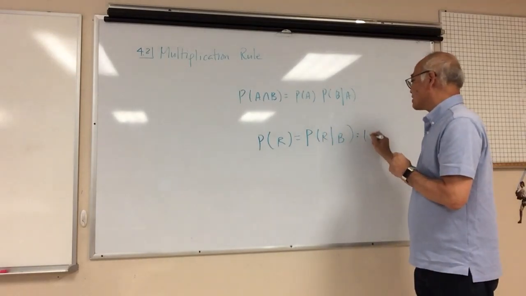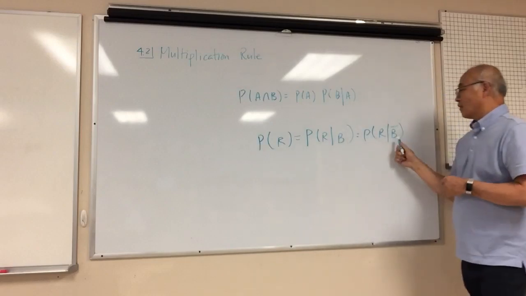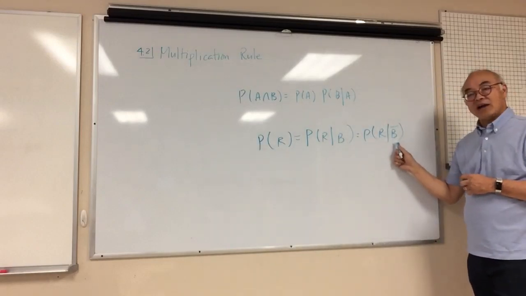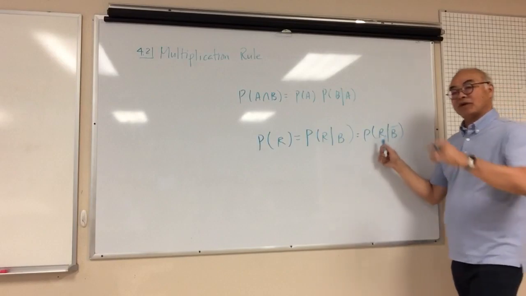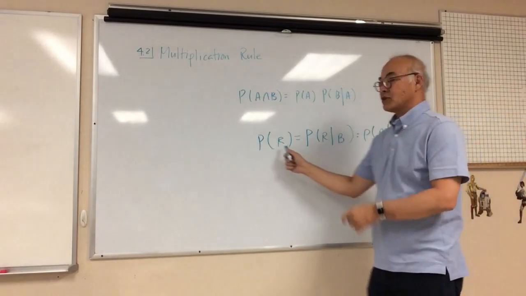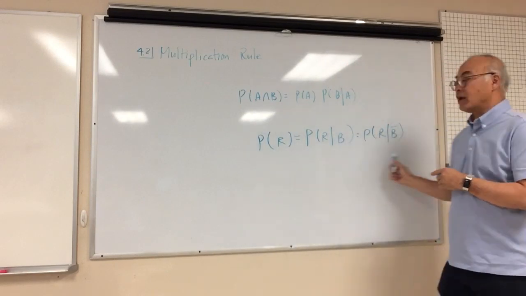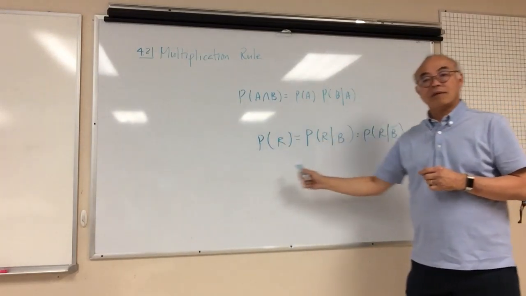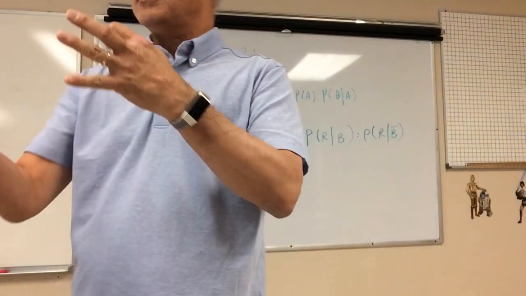Also, another thing I can say here is that given that Spencer is not wearing blue, the probability of you wearing red is the same as just you wearing red. They're independent of each other. Does that make sense? It has no bearing whatsoever on what's happening there.